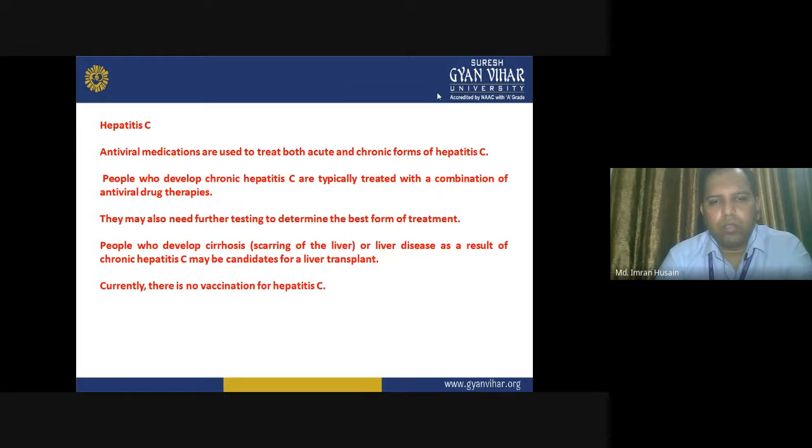People who develop cirrhosis, that is scarring of the liver, and liver disease as a result of chronic hepatitis C may be candidates for a liver transplant. Currently, there is no vaccination for hepatitis C.